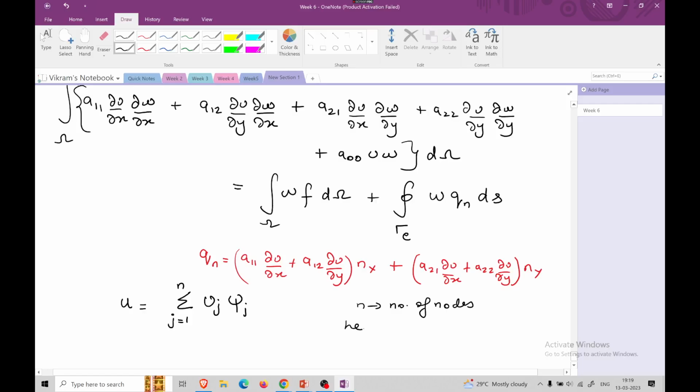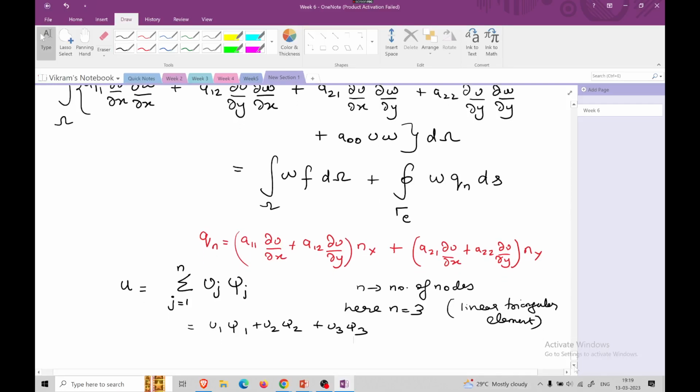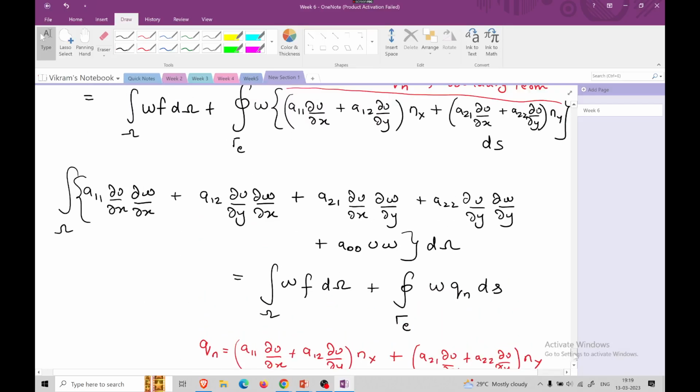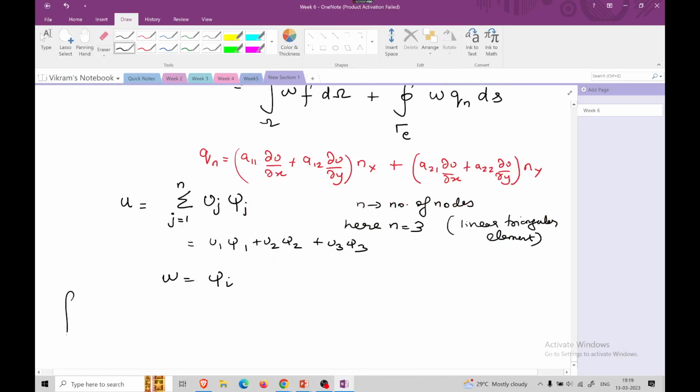So here n is equal to 3 since it's a linear triangular element, which is nothing but u1 psi 1 plus u2 psi 2 plus u3 psi 3. Okay, and w is a weighting function which is also going to be the same as my interpolation function, psi I. So if I substitute u and w, what am I going to get? We'll see one by one.